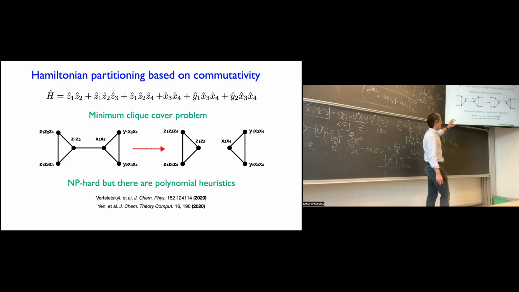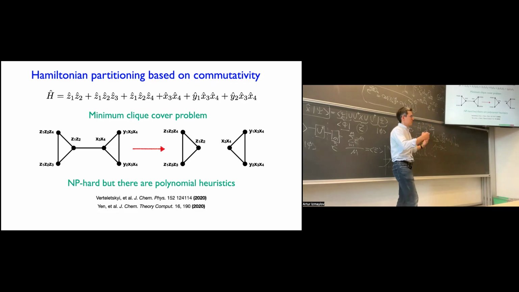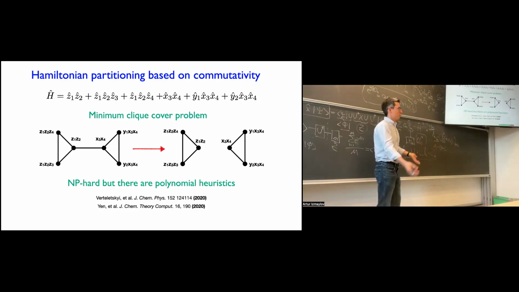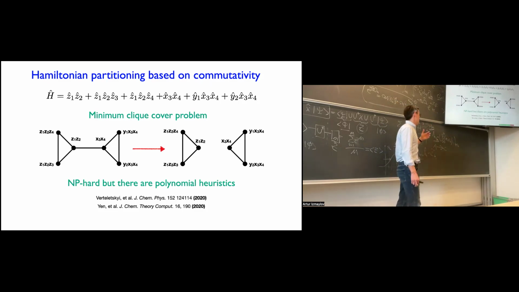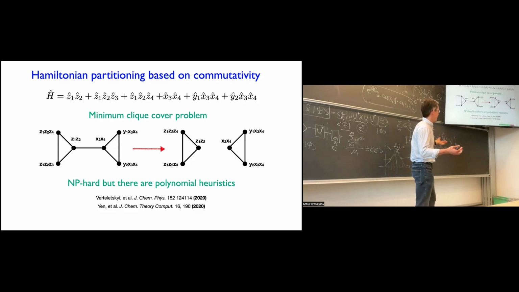And then if someone gives you a graph, there are multiple ways to construct these cliques. And it turns out that finding the most optimal split of the graph into these cliques, with the minimal number of fragments, is an NP-hard problem, meaning that it's classically exponentially hard.